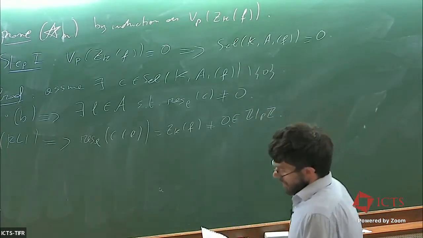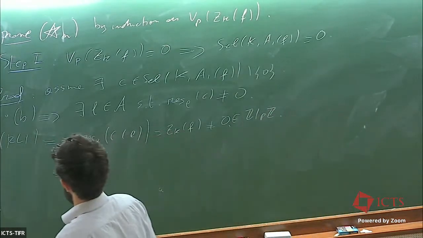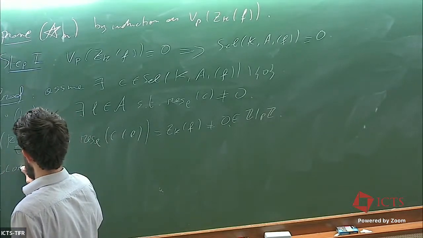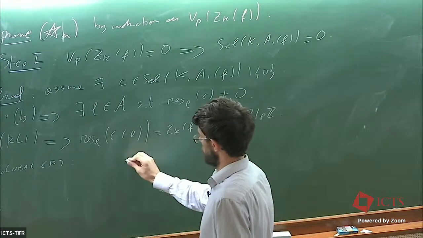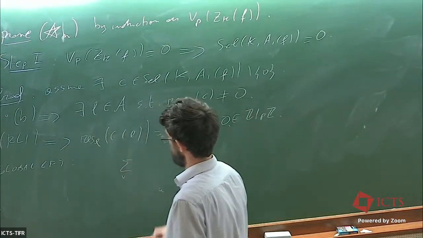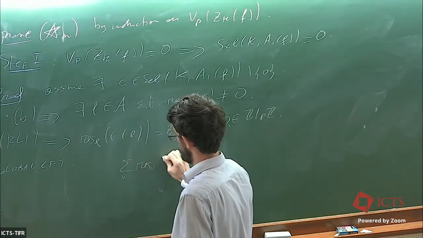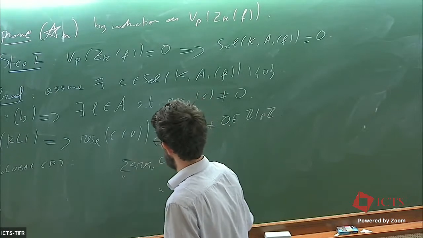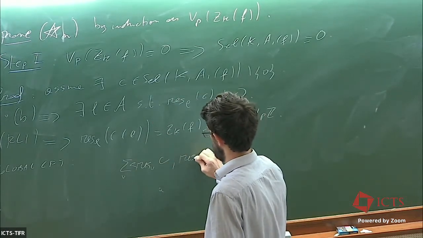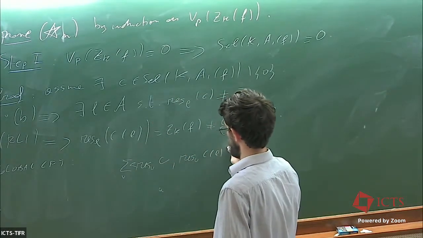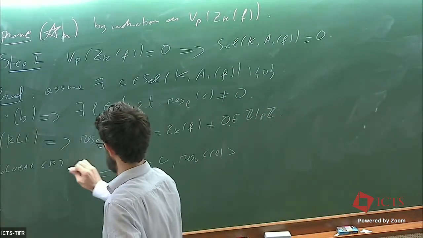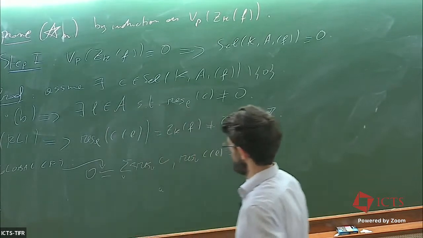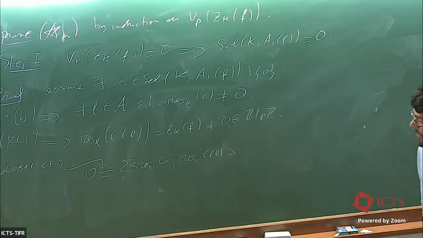Okay. And now what you do is you just use global class field theory here. I can take the sum over all places of the restriction of c paired with the restriction of c of L, and global class field theory tells me that this must be 0. All right, so this is a pairing in Galois cohomology.